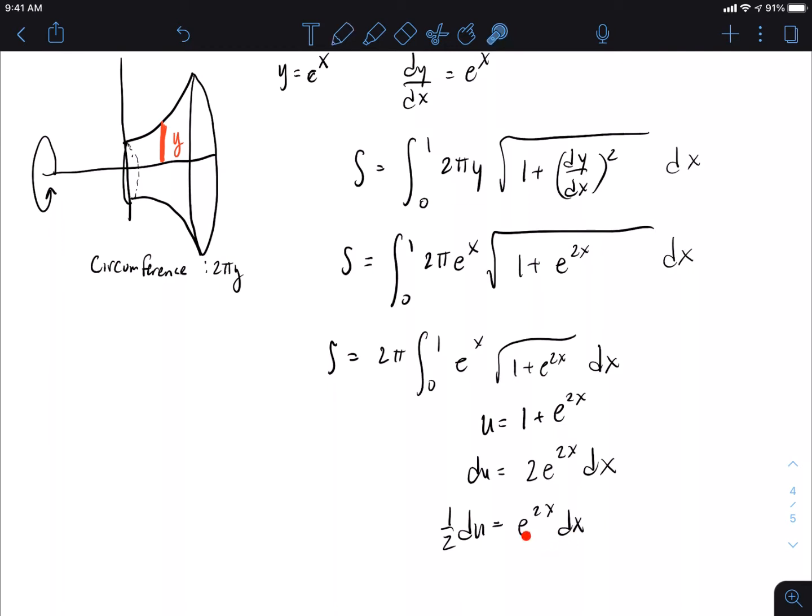Isn't this e to the x times e to the x? Yes. So I would get e to the x dx to go. That would take this and this, but I would have an e to the x left. So you really didn't get rid of it? No, in fact, it becomes quite a headache. To solve for it, I'd end up getting the root of u minus 1 is e to the x. That's not cool.